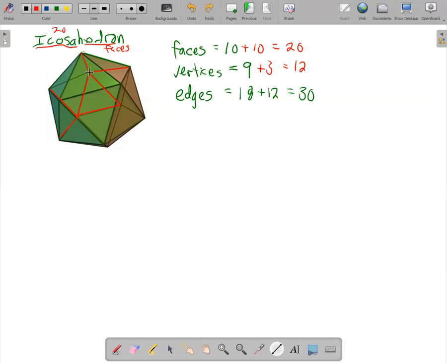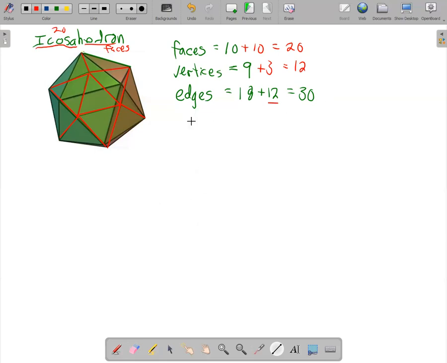Okay, so again, I'm going to draw in the ones that I believe are in the background here. I believe that's all of them. So 1, 2, 3, 4, 5, 6, 7, 8, 9, 10, 11, 12. Yeah, I'm pretty sure there's 12 of them in back and 18 in front for a total of 30.